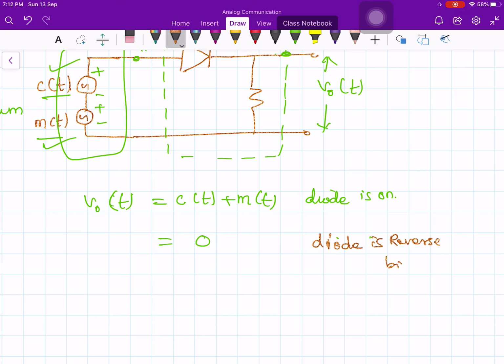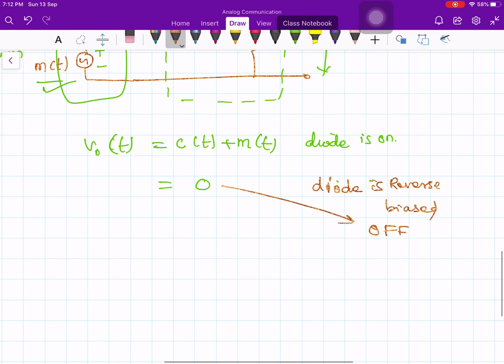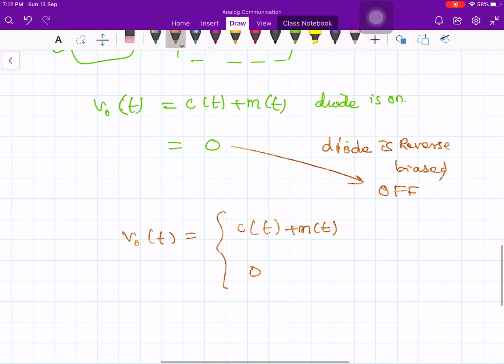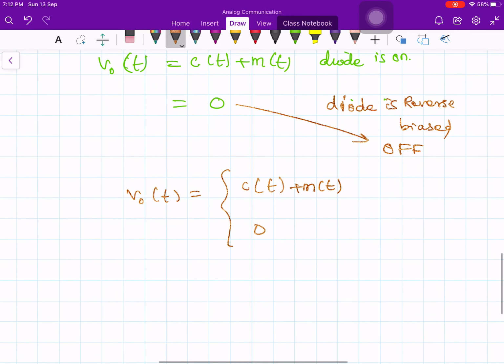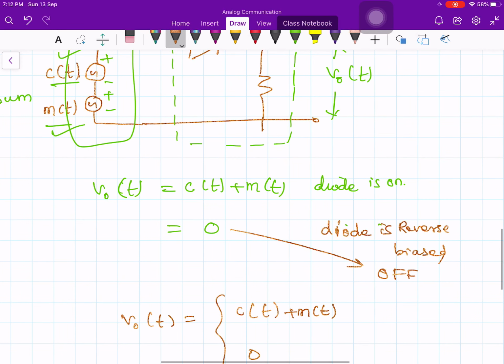If it is reverse biased, that means it is off, and this is the condition. Therefore, V naught of t is c of t plus m of t when on, and 0 when off. And let us say this circuit is connected to the ground like this.